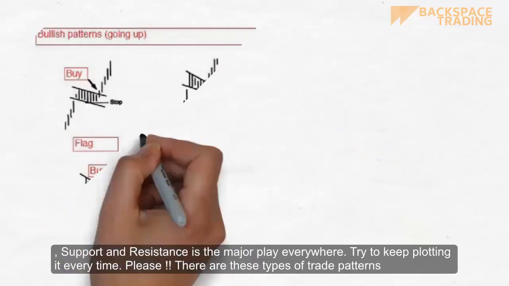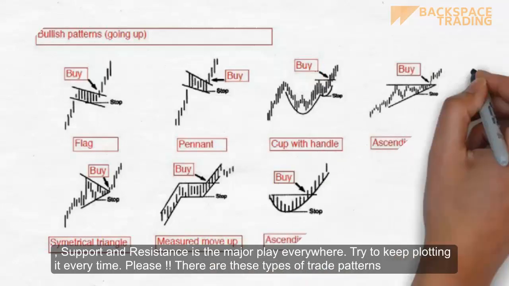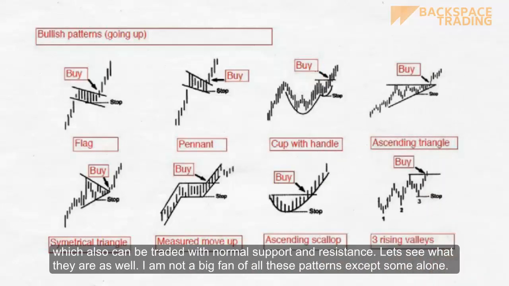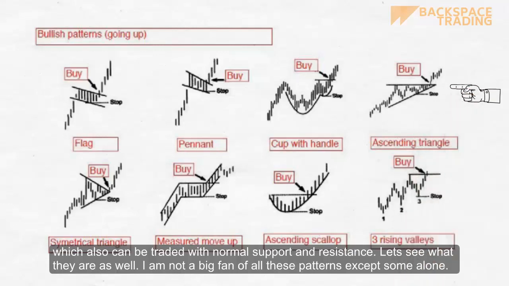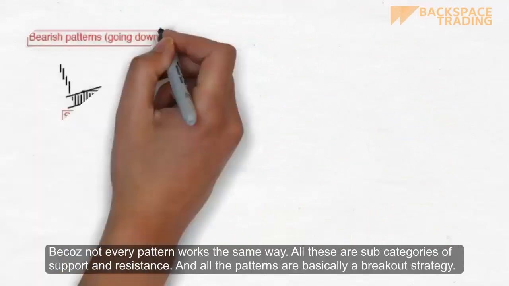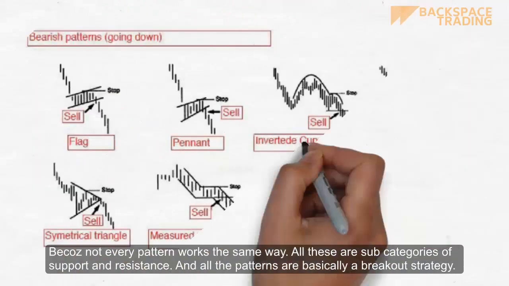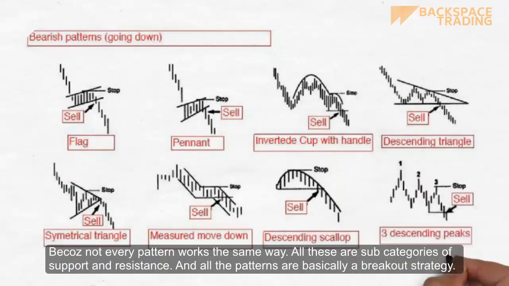Okay, now these are the types of trade patterns which also can be traded with normal support and resistance. Let's see what they are as well. I am not a big fan of all these patterns except some alone, maybe that one, because not every pattern works the same way. All these are subcategories of support and resistance, and all the patterns are basically a breakout strategy.